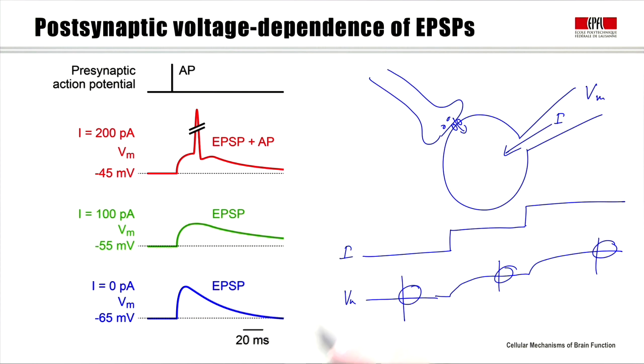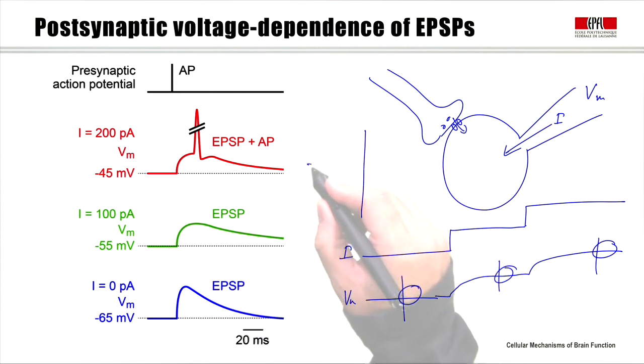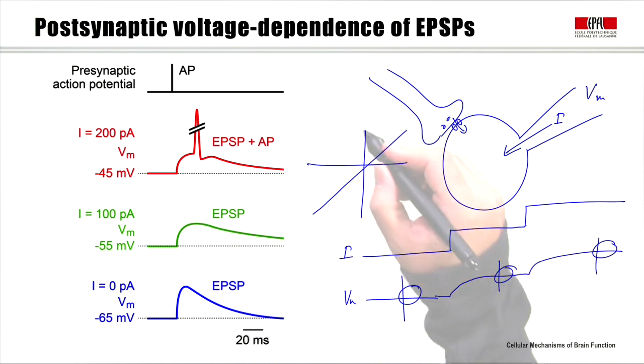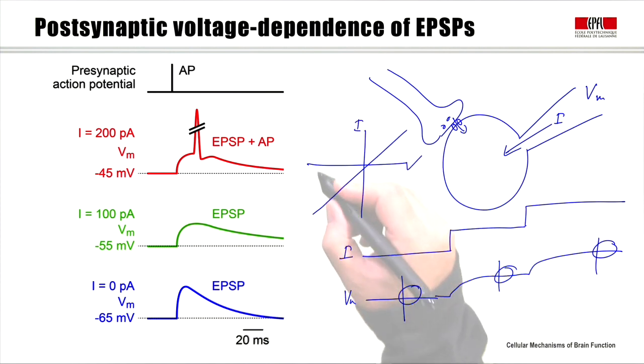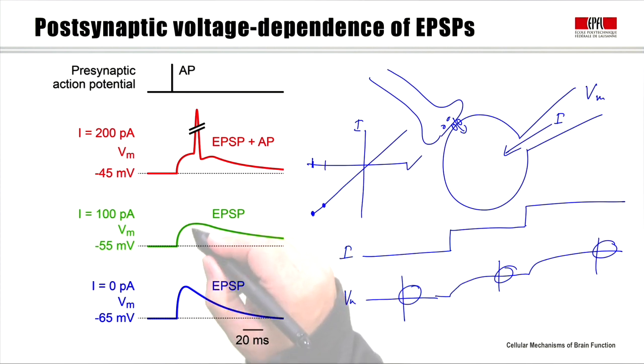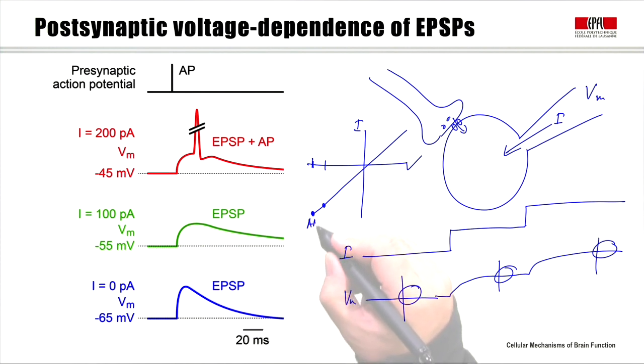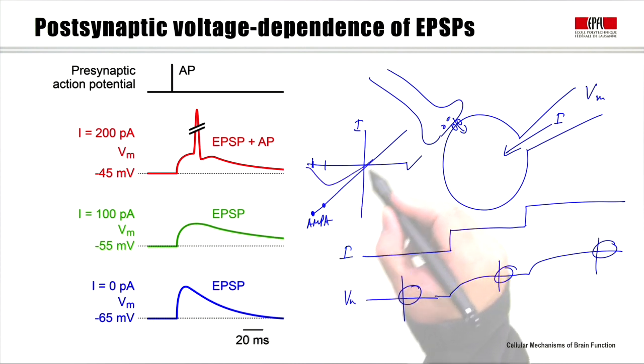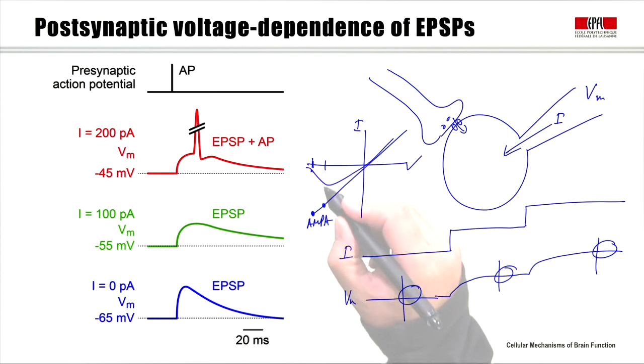And so there are now two different phenomena going on. If we think about our current-voltage relationships, we've gone from having large currents to somewhat smaller currents, so there might be a decrease in the amplitude of the EPSP if we're just thinking about the AMPA component. But on the other side, we have the NMDA component that might now be making a larger contribution.